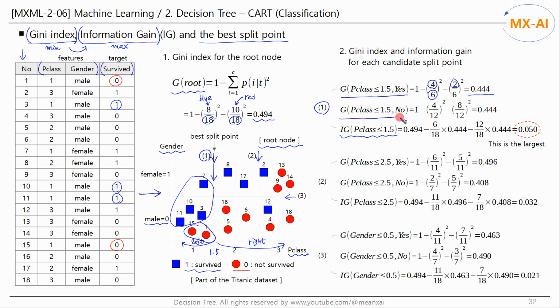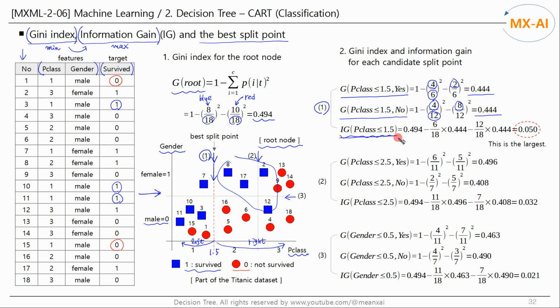Next, we calculate the Gini index of the right child node. The right child node contains 4 blue data points and 8 red data points for a total of 12 data points. Then, the Gini index of this node also comes out as 0.444.